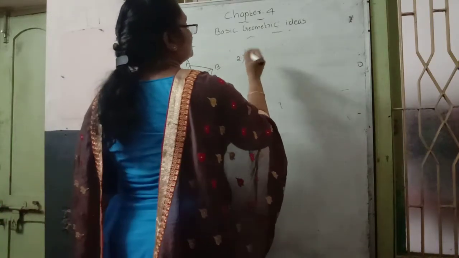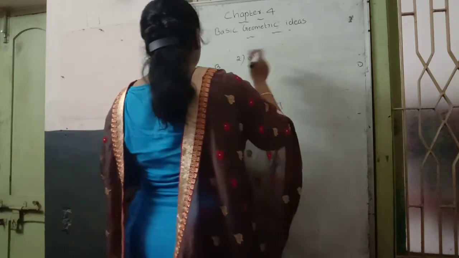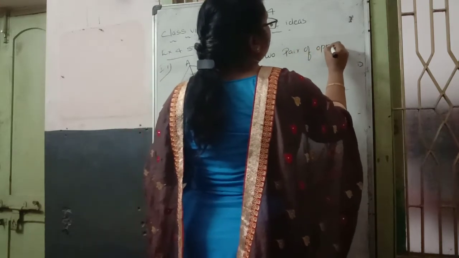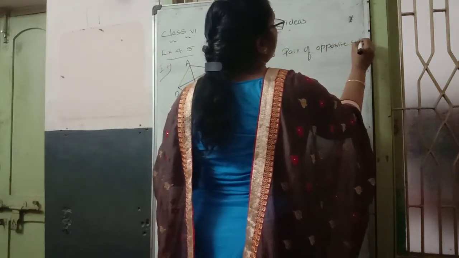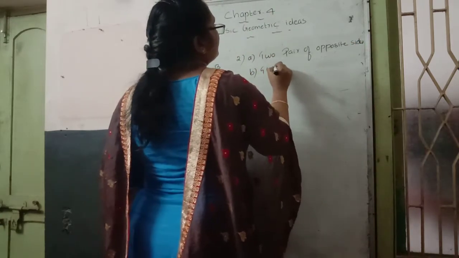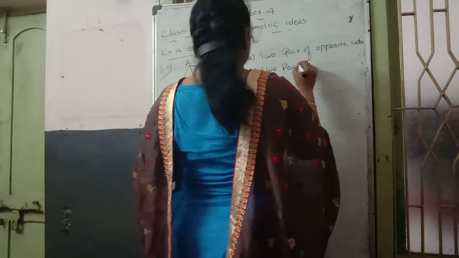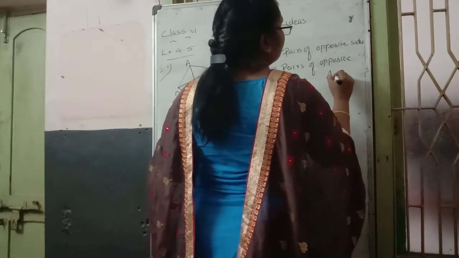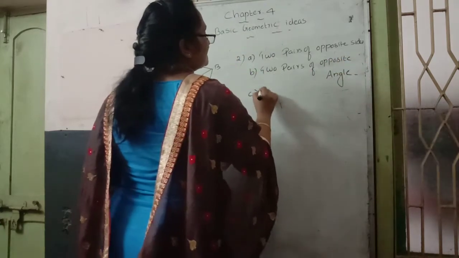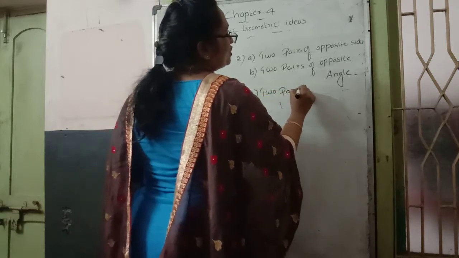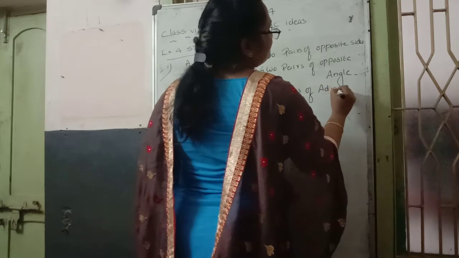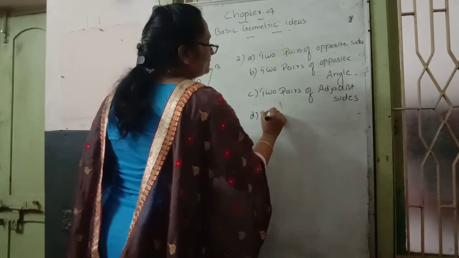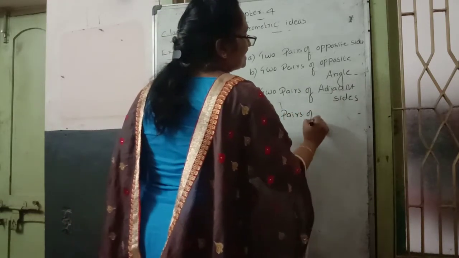Then after the drawing, they ask for two pairs of opposite sides. In part B they ask to write down two pairs of opposite angle names. Then in part C they ask to write down two pairs of adjacent angle names, and in part D, two pairs of adjacent angles.